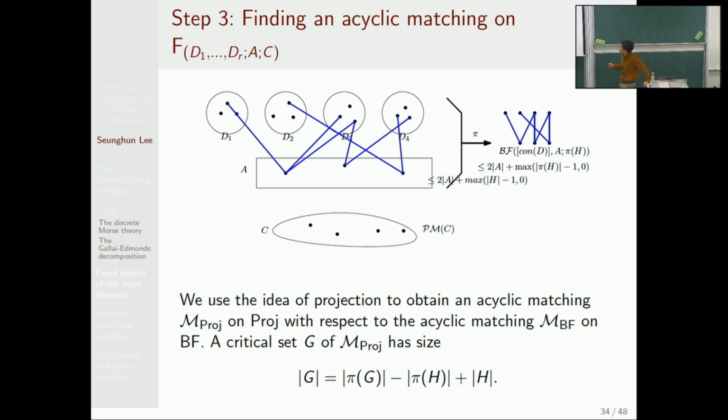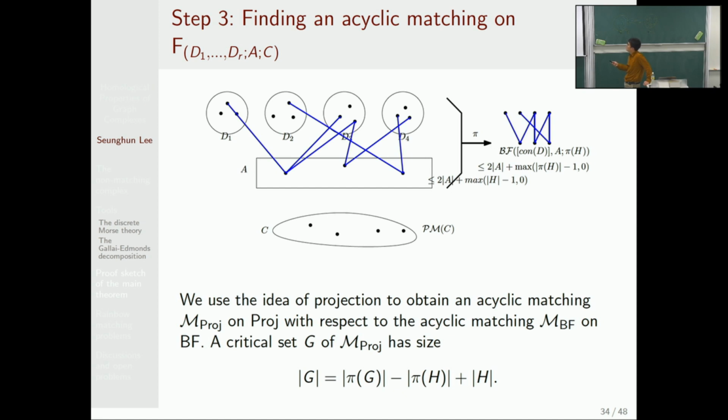And for the family of graphs consisting of the edges between A and D, we use the idea of projection to obtain an acyclic matching. Recall that if we have a critical set, we can construct an acyclic matching, and the critical set has the size defined by this.